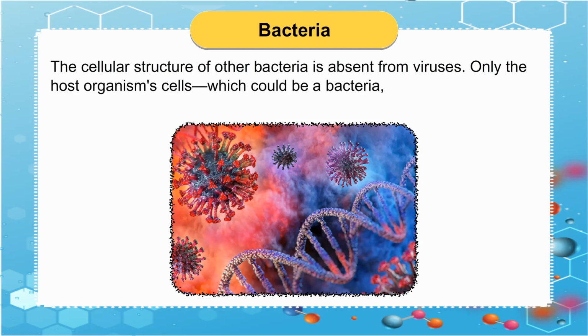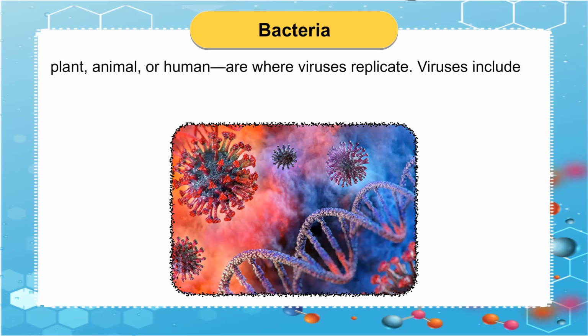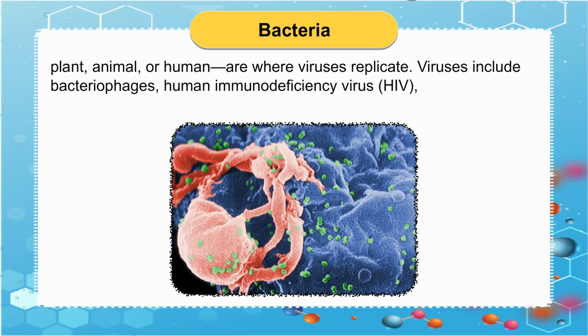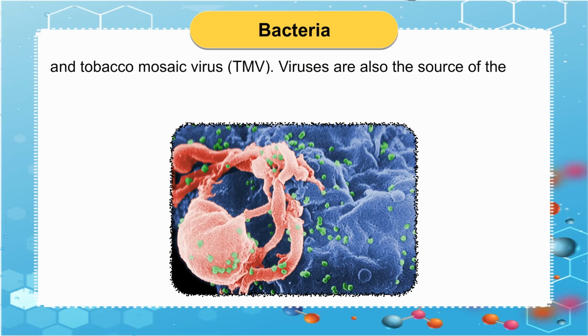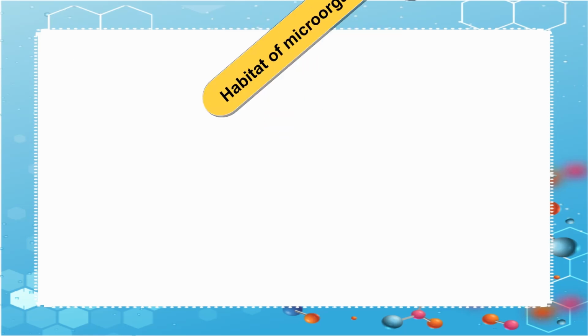Viruses replicate only inside the cells of a host organism, which could be a bacterium, plant, animal, or human. Viruses include bacteriophages, human immunodeficiency virus, HIV, and tobacco mosaic virus, TMV. Viruses are also the source of the dreaded swine and avian flu illnesses.